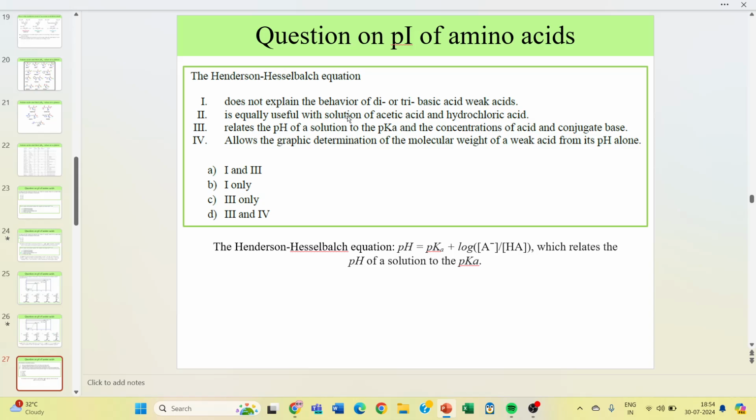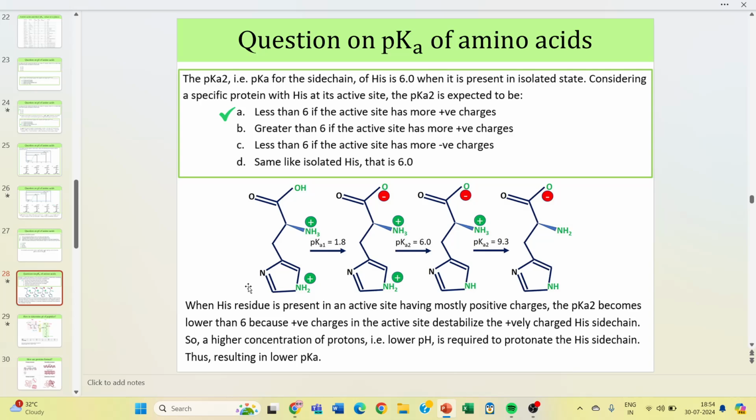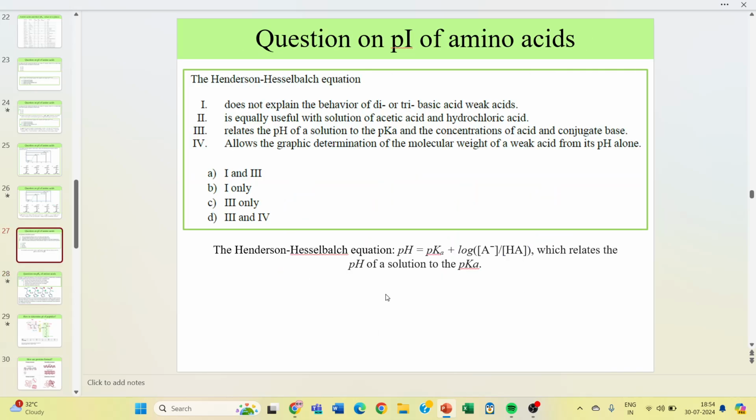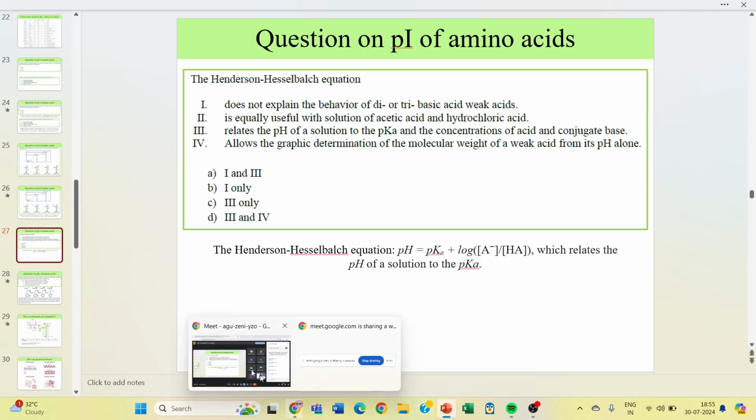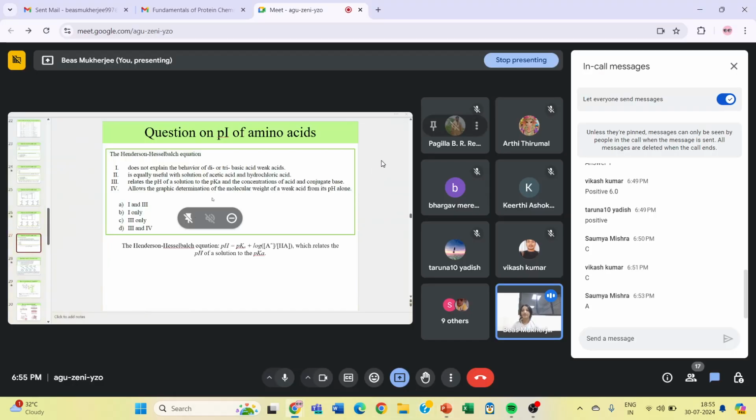So the Henderson-Hasselbalch equation. What about the Henderson-Hasselbalch equation? Try to answer this. The Henderson-Hasselbalch equation does not explain the behavior of di or tribasic weak acids. It is equally useful with solutions of acetic acid and hydrochloric acid.